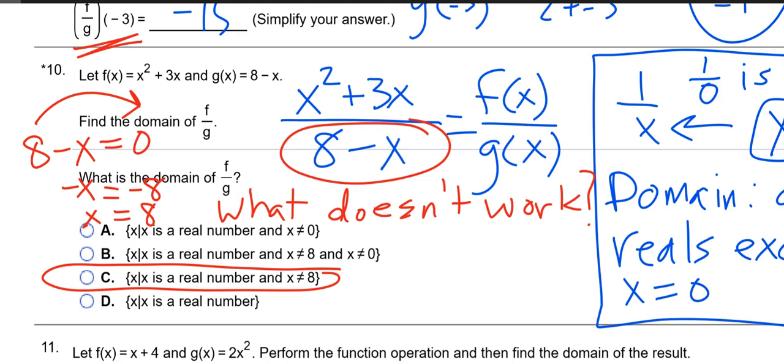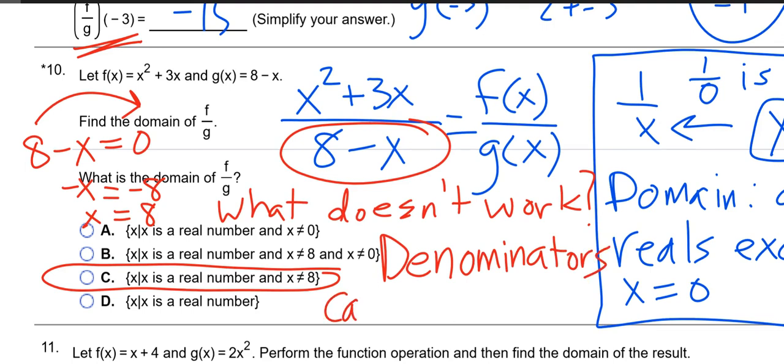The only thing you're looking for is a denominator. Denominators cause the exceptions.